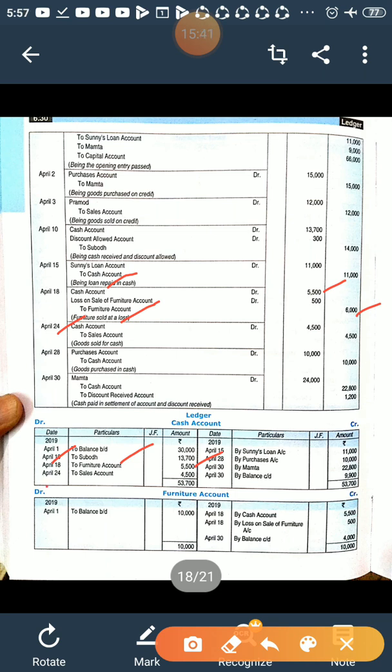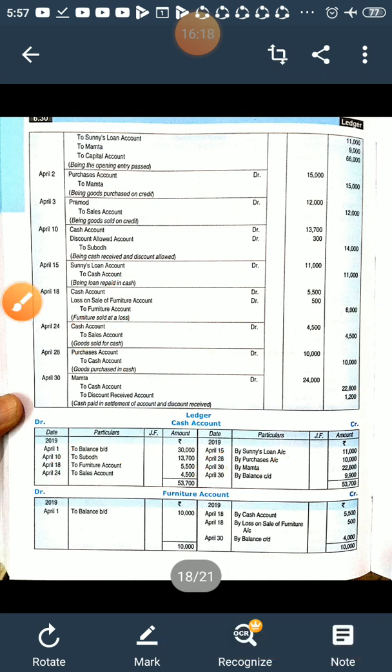On 24th we will write the date, and the account which is credited against cash is sales, to sales account 4,500. Now again there is an entry, purchase account debited to cash. Cash is credited here, so on the credit side we will write by purchase 10,000. Now again cash is credited here, so we will write by Mamta and the amount will be entered as 22,800.